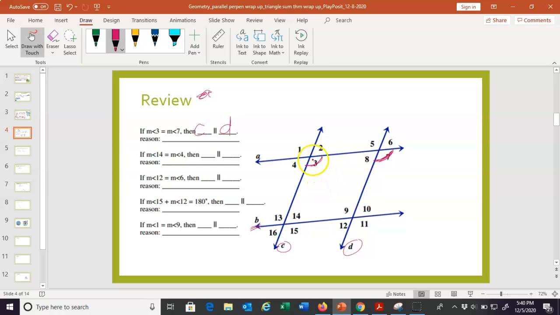They're in the same position. Depending on how you're looking at it, I would call angle 3 sort of the bottom right and angle 7 the bottom right. So these are corresponding angles. And you could be more specific and say corresponding angles are congruent.